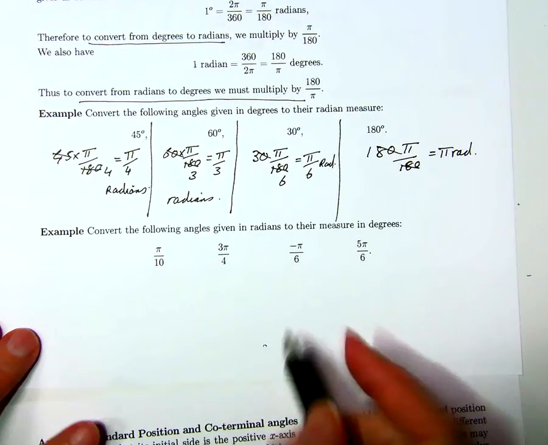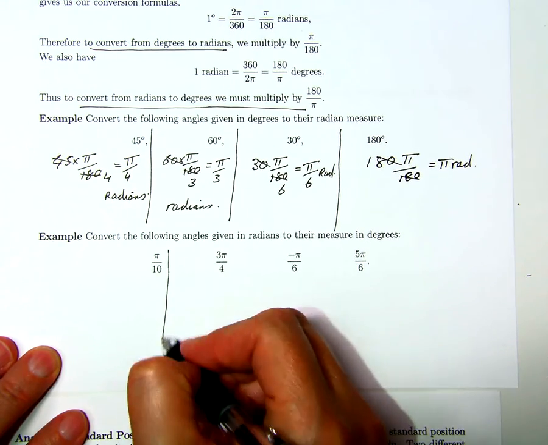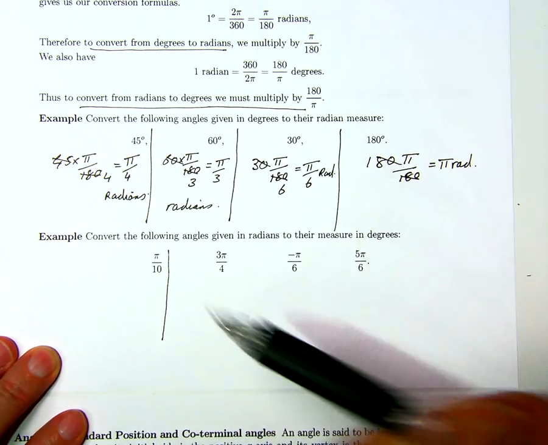These ones are given in radians, so let's convert them to degrees. And to convert to degrees, we multiply by 180 over pi.